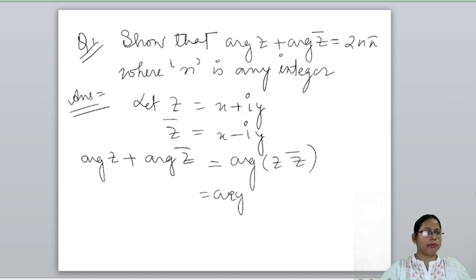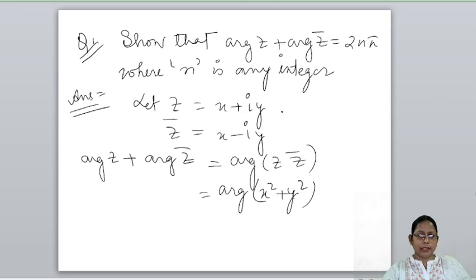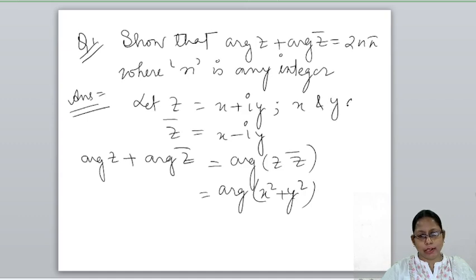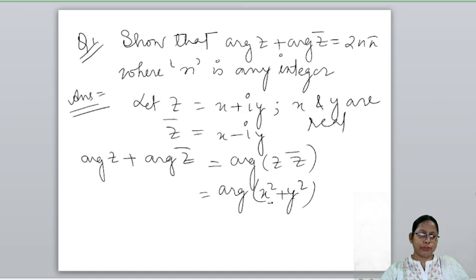Arg of x square plus y square, as here x and y are real, so this portion is real, that means it lies on the x-axis, so arg is 0.